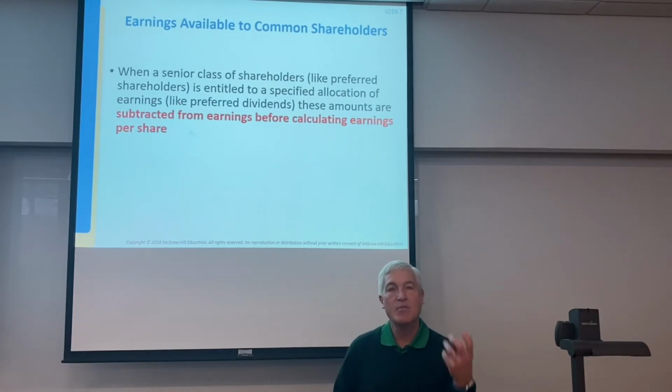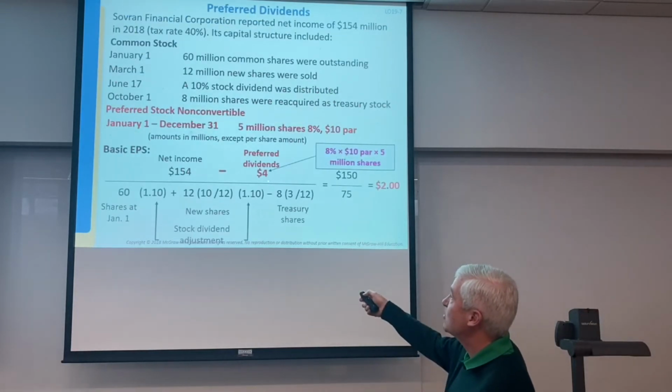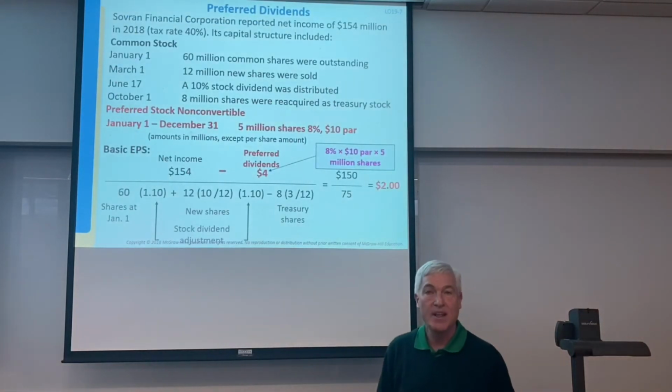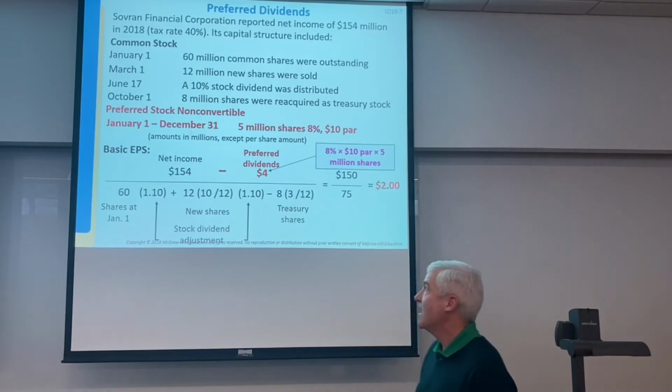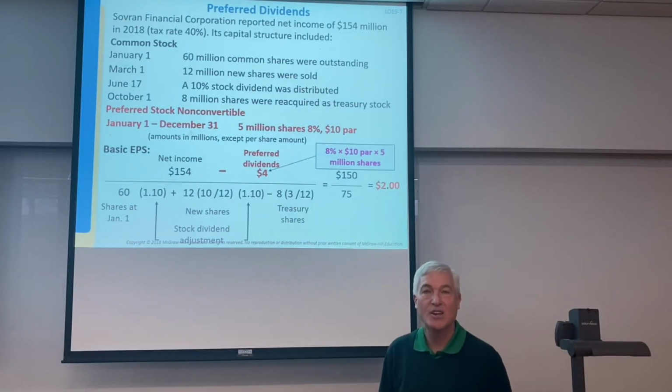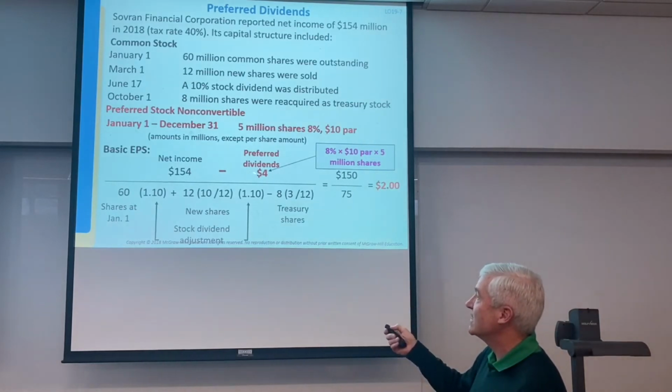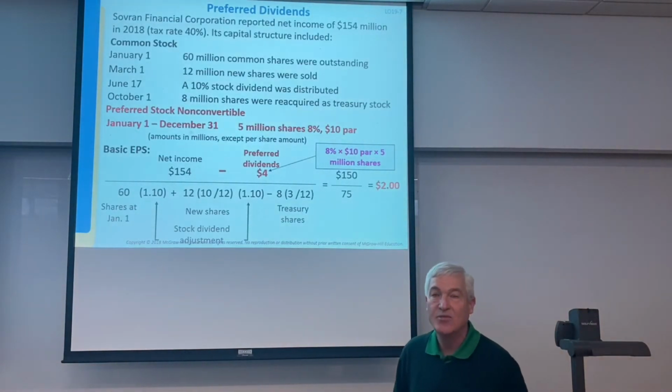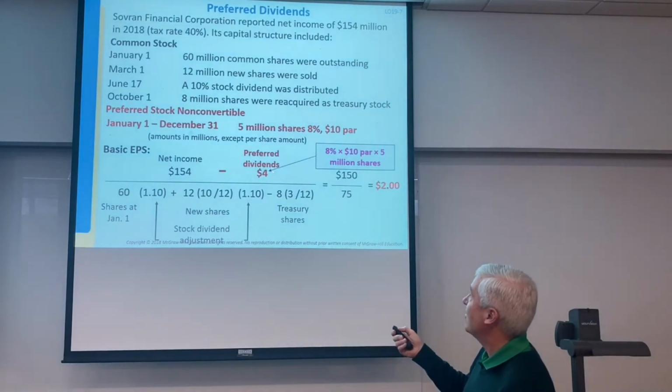They're going to be given to the preferred stockholders first. And so we are also going to subtract preferred dividends from this calculation. Notice, we don't get a tax deduction for preferred dividends, and so they are not tax effective. They just come straight out, 4 million.